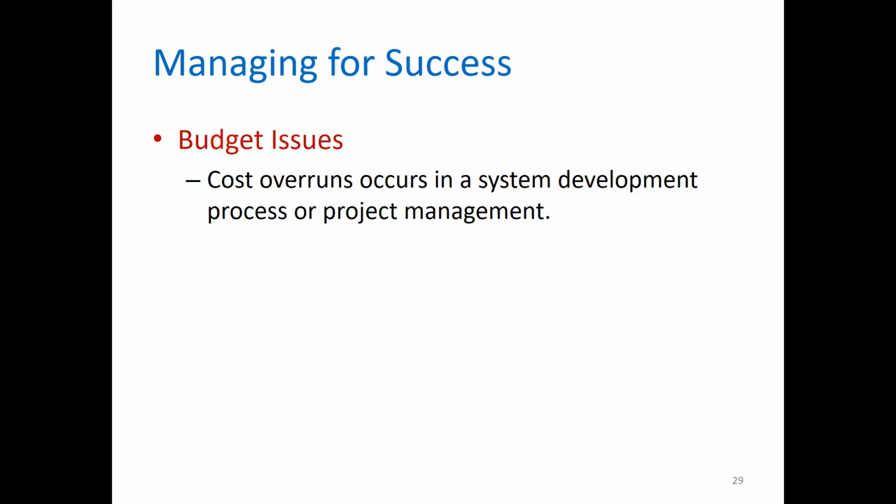Budget issues. Cost overruns occur in a system development process or project management. This is very much natural and is one of the frequent indicators of why a project may fail. What may allow costs to overrun? 1. Unrealistic estimates. 2.